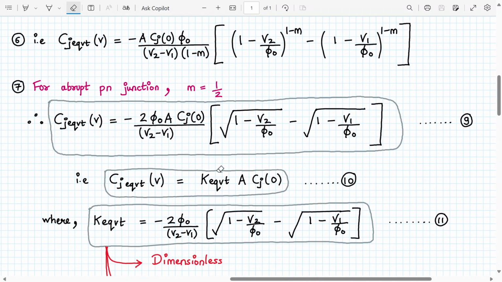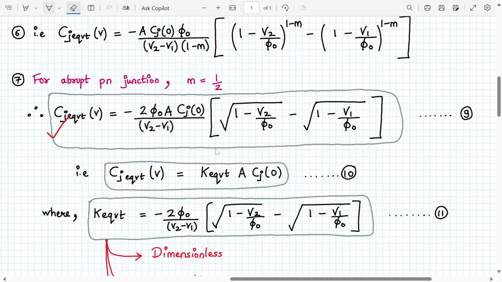So Cj equivalent will be given by minus 2, because 1 minus half is half and that 2 comes over here, phi naught A Cj0 over V2 minus V1 into the bracket, square root of 1 minus V2 upon phi naught minus square root of 1 minus V1 upon phi naught, which is equation number 9. Now this equation we are calling as k equivalent. No, not this equation actually.